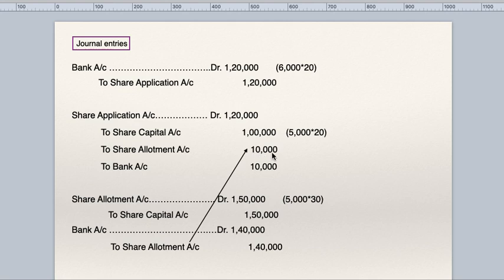In the second lot, they have received 3,000 applications, but shares allotted are 2,500. So on 500 applications at 20, they have received with application. So this 10,000 they have already received with application. So this is 1,40,000. So share allotment debit 1,50,000 and credit 1,40,000 and 10,000. So debit and credit match.